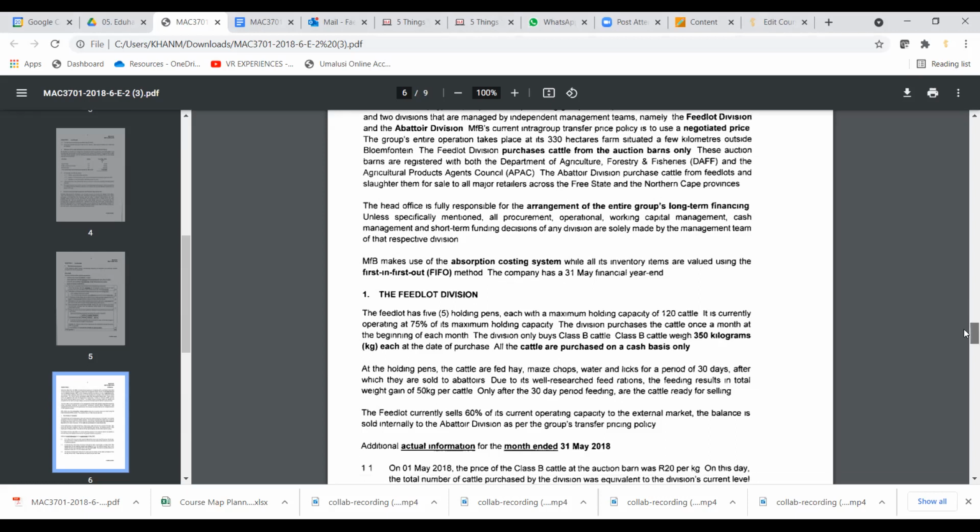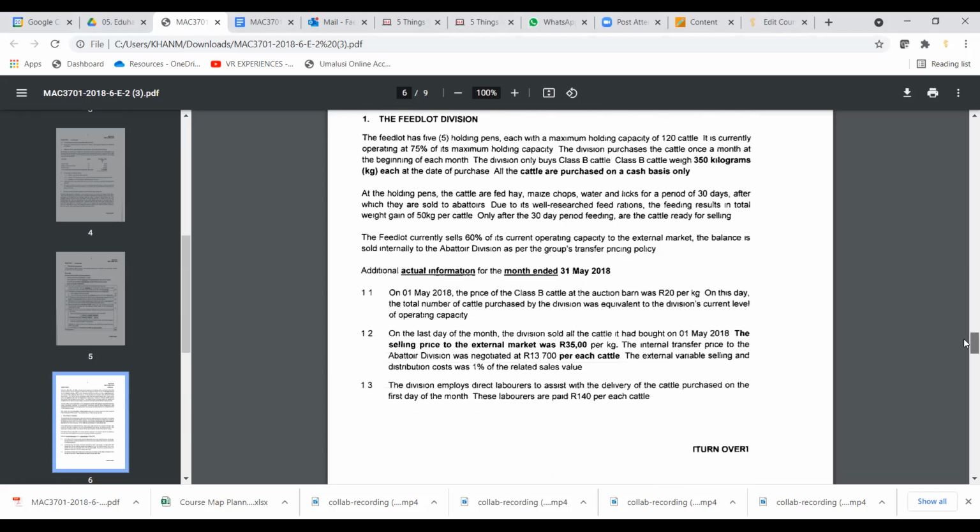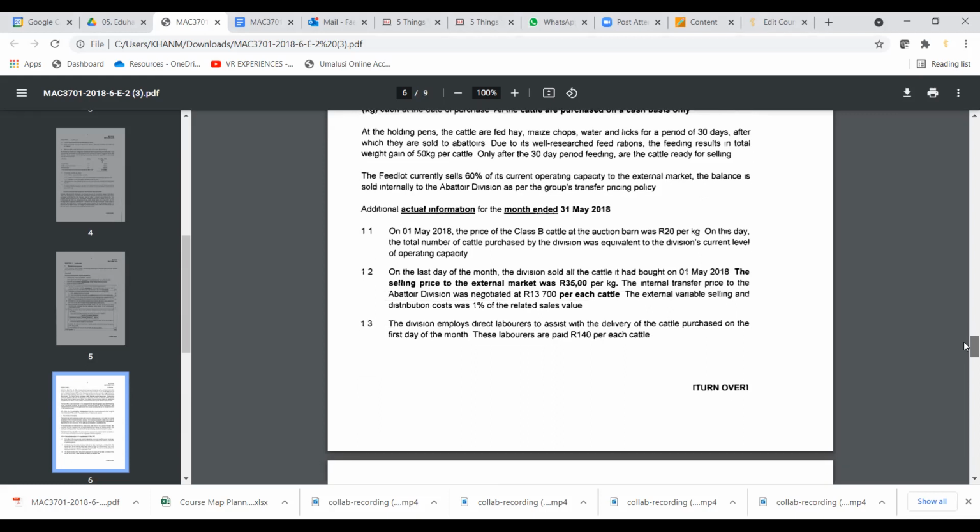So I'm going to skip the whole thing. The only thing that may be relevant for what we want to do is 1.2. So let's just read quickly 1.1. This is the actual information for the month ended 31 May 2018. On 1 May 2018, the price of the Class B cattle at the auction barn was 20 Rand per kg.